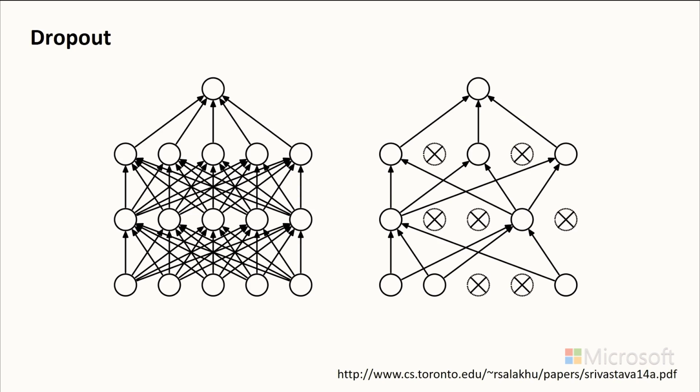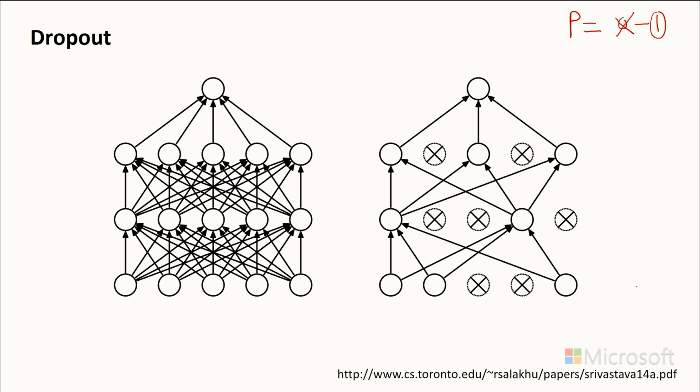Let's say we have the probability P with which we are going to drop these nodes, and this probability can be anywhere between 0 and 1. We do not want to choose 0 or 1, which would be the degenerate cases, because we don't want to drop all the nodes, and we don't want to keep all of them because that would be equivalent to not having dropout. So now say we drop half of these nodes.